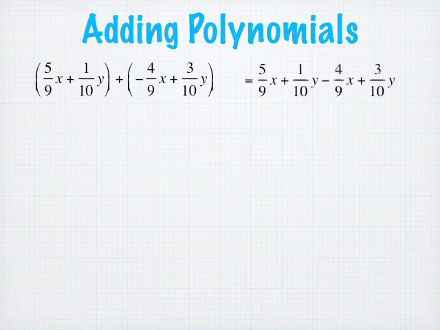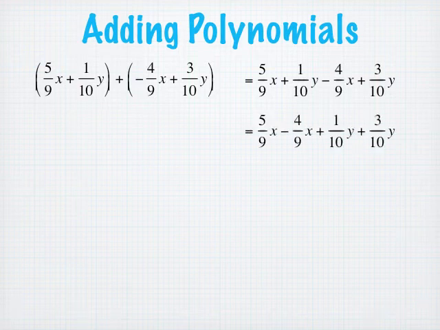Okay, I don't need the parentheses. There's nothing to distribute. So if I put the x's together, now see, it looked bad, but it's not going to end up being bad. Why is that? Okay, good, because the terms that I'm combining, the x's both have the same denominator. The y's both have the same denominator, so it's actually going to end up being easy.